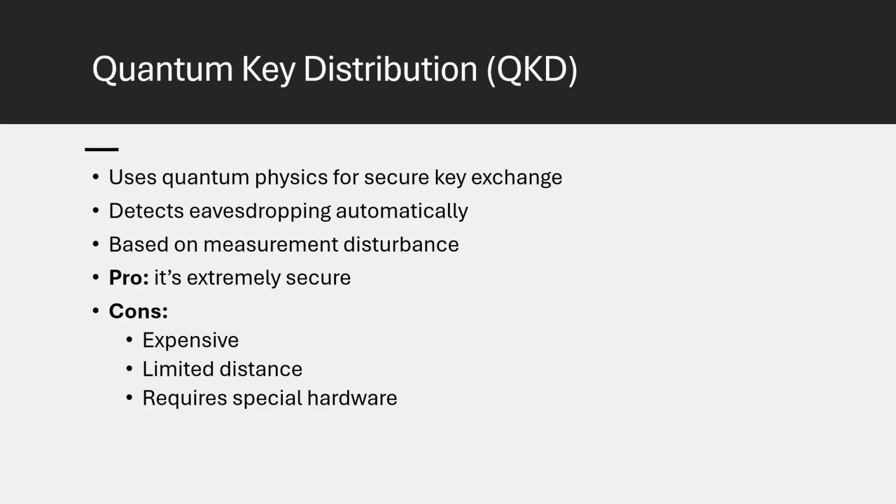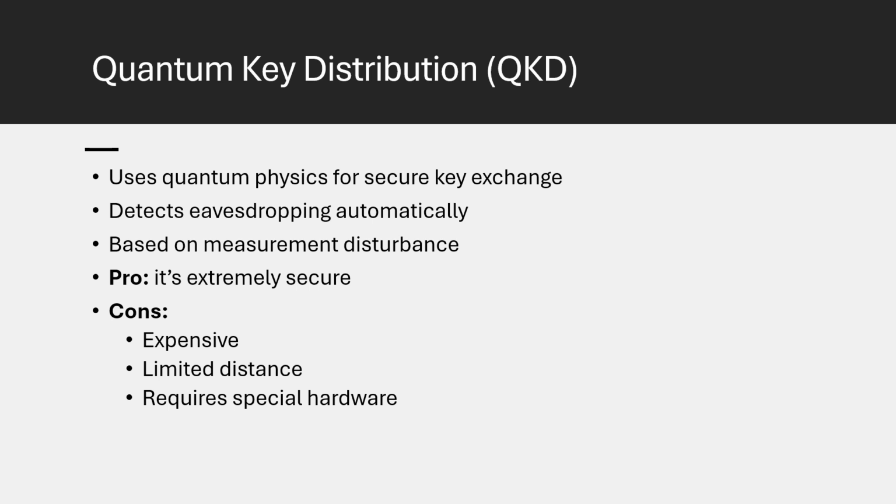Next option is quantum key distribution. Quantum key distribution uses quantum physics for secure key exchange through fiber optics and different quantum channels like that. The sender will send photons through a filter that is randomly switched between horizontal, vertical, and diagonal, so the photons are polarized differently.